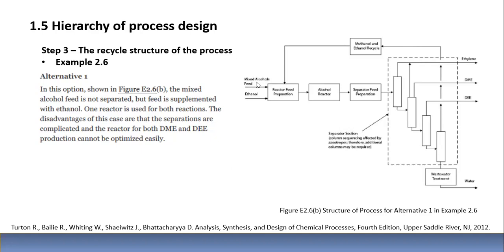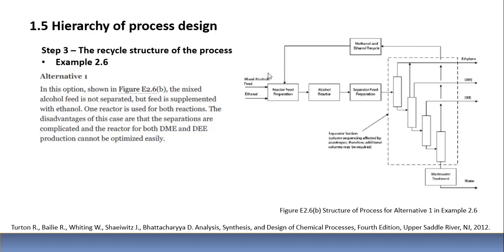It says mixed alcohol feed, ethanol. So the alcohols enter mixed together with a line of pure ethanol. It says, the mixed alcohol feed is not separated, but feed is supplemented with ethanol. The alcohol mixture is supplemented with a separate line of pure ethanol. One reactor is used for both reactions.